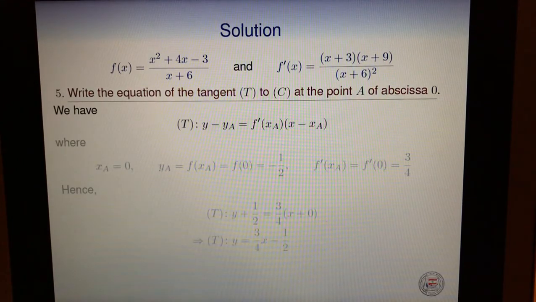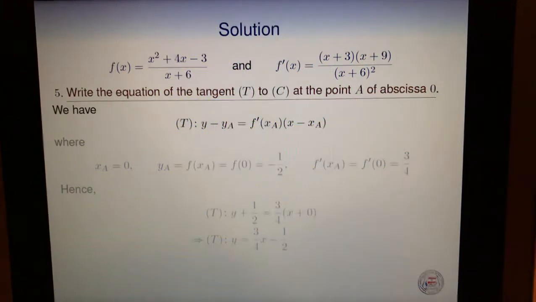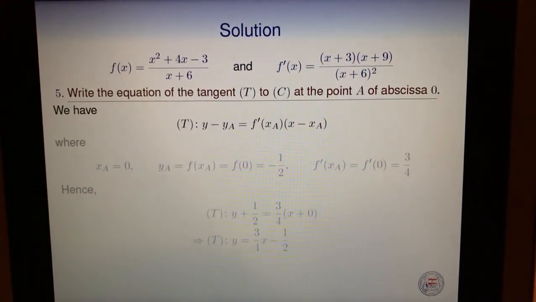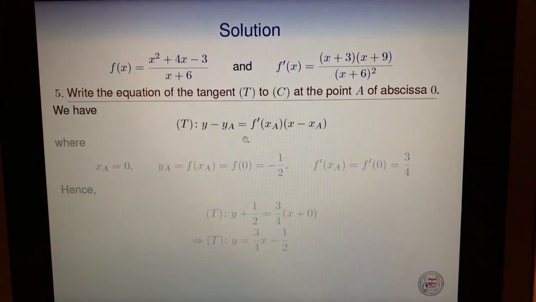So now, question number 5: we need to write the equation of the tangent t to c at a point A of abscissa 0. First of all, the general equation of the tangent t is y minus ya equals f prime of xa times x minus xa.